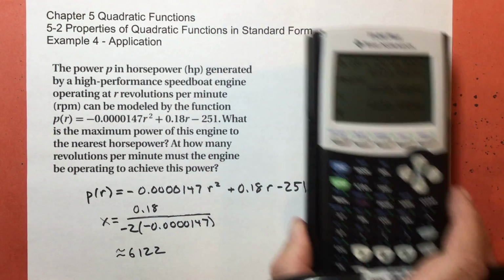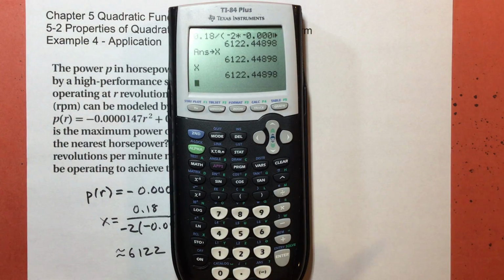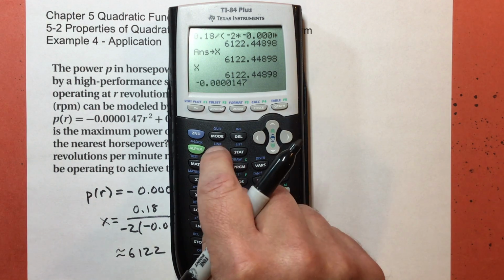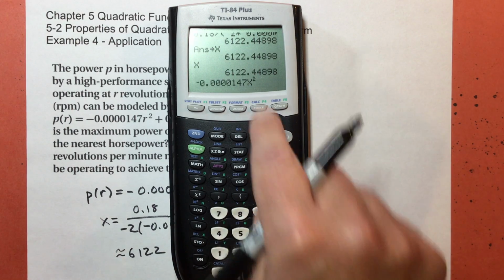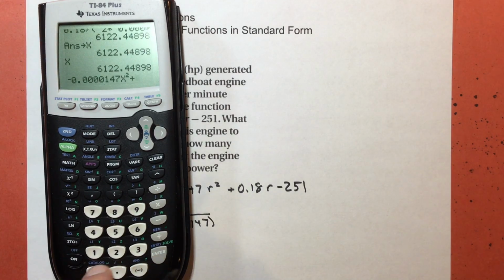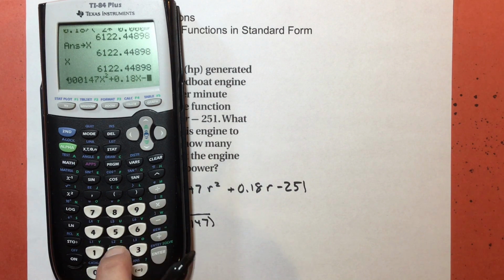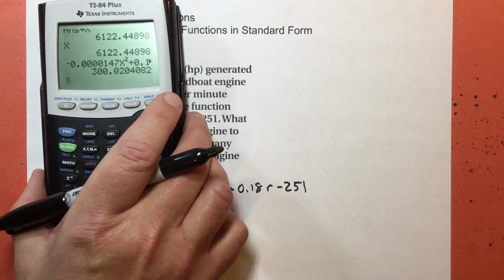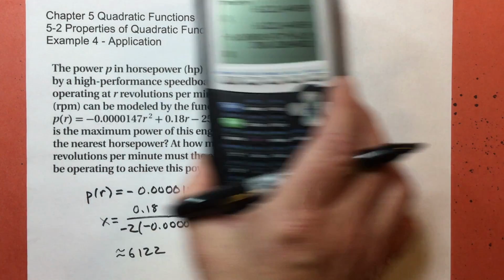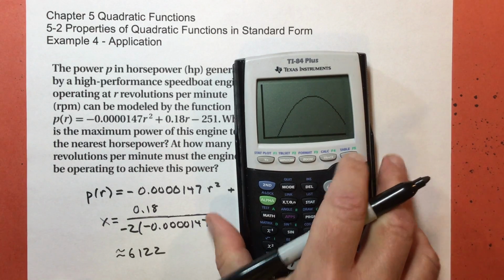That helps because the next thing I'm going to do is put it back in the function: -0.0000147 times x to the second power, where x is that number I found, plus 0.18 times x, subtract 251. That's about 300.